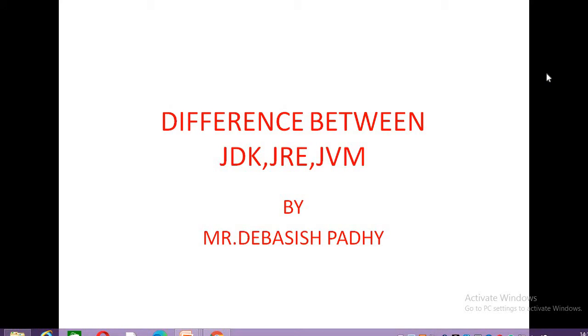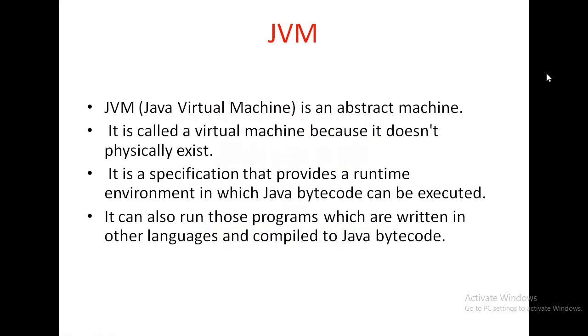What is JVM, JRE and JDK? We know from the previous classes that JVM is a Java Virtual Machine. It does not physically exist. What is the work of JVM? The work of JVM is to convert the .class file into an .exe file. First of all, whenever we write a program, that program is saved with a .java extension.